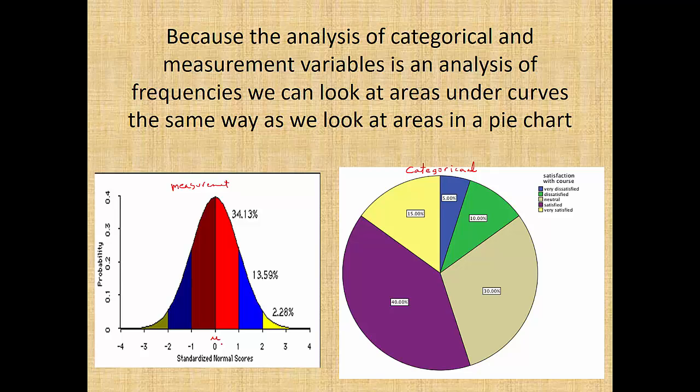It is useful because we know that 34% of the cases are bright red, i.e., they are located between 0 and 1 standard deviation above the mean. Dark red, below the mean, because it's a symmetrical distribution, is also 34.13%.